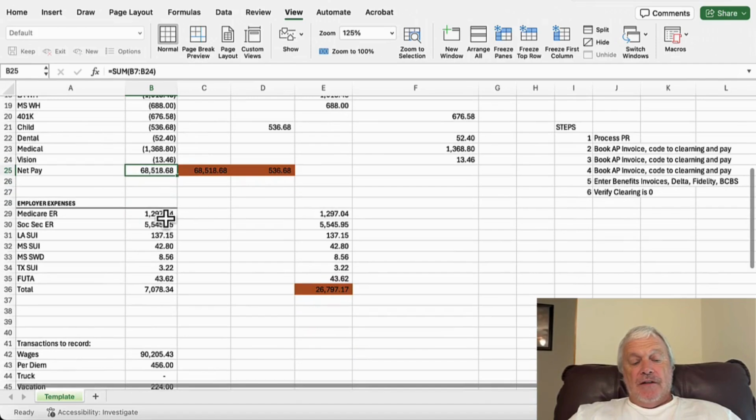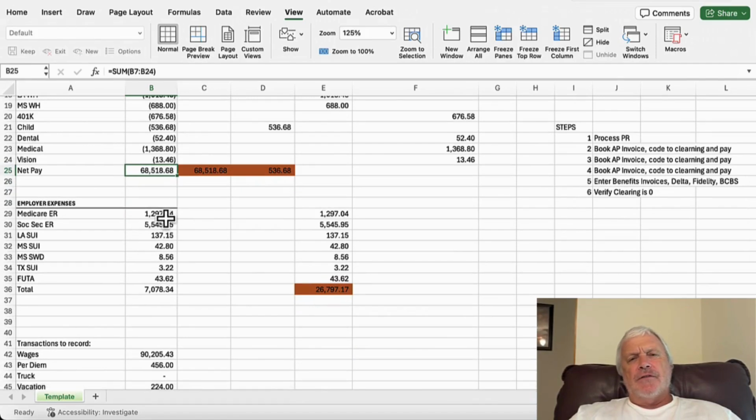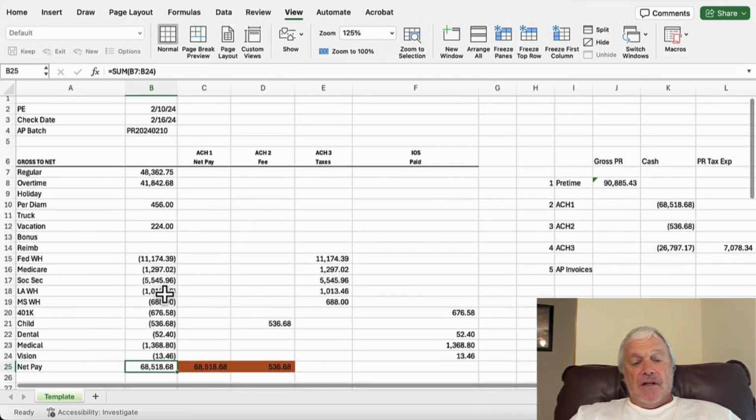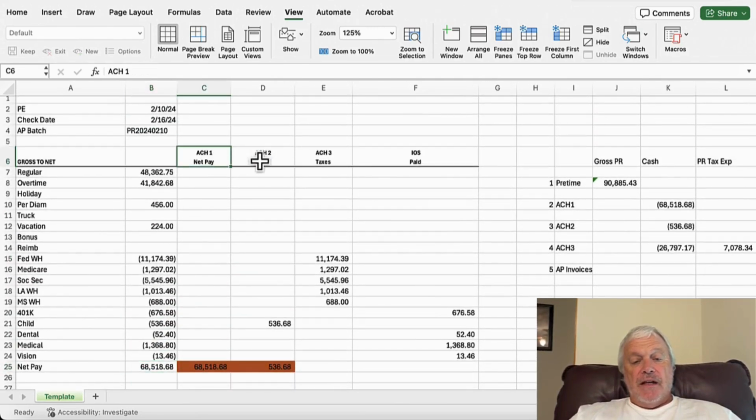And then we figured out the employer expenses. And again, all of this is off the statement from Paylocity or whomever's doing the payroll. What are the employer expenses? The different payroll taxes, unemployment and such, all right? And we took it from there, and we said, all right, in this case, there were 3 ACH amounts deducted from the bank account.